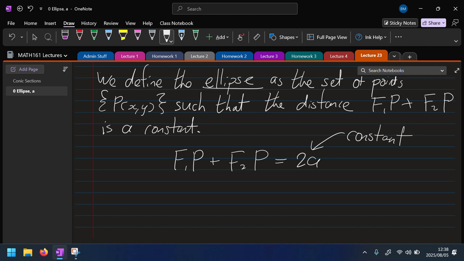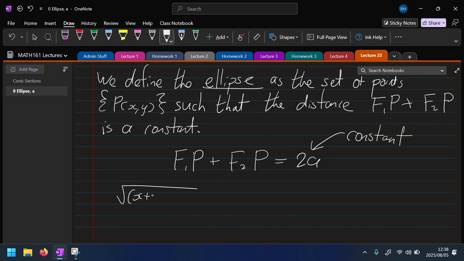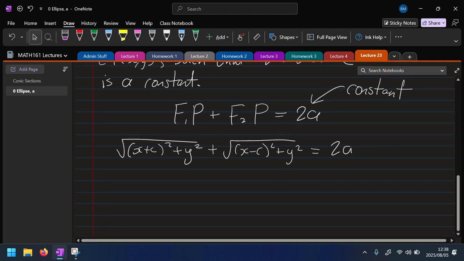So if you understand it from the first two, the third one is easy. So the distance formula: we have the root of (x plus c) squared plus y squared, plus the root of (x minus c) squared plus y squared, is equal to 2a. That's just the distance formula, nothing special there. From this step onwards is just algebra.